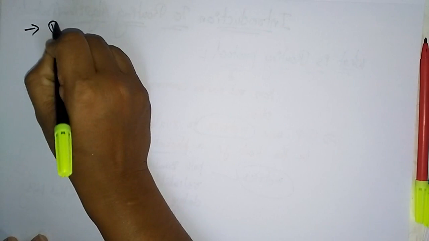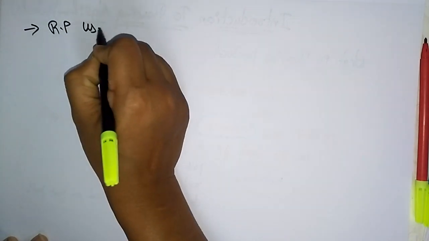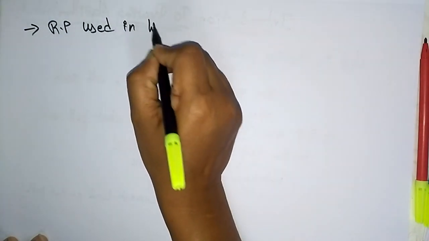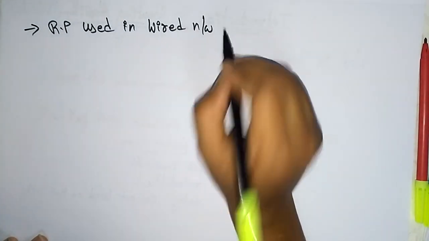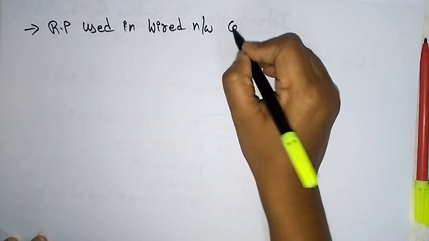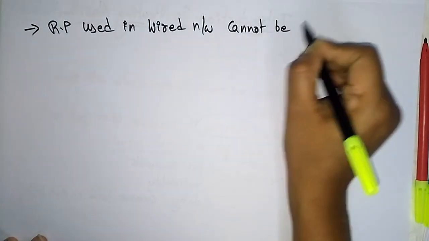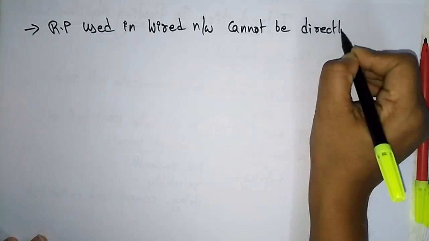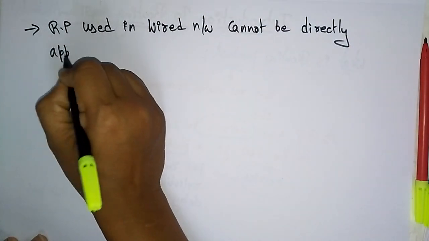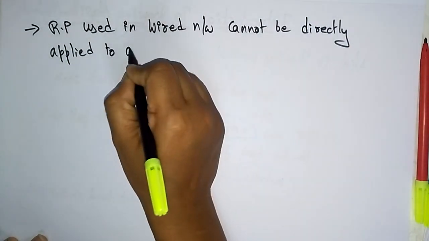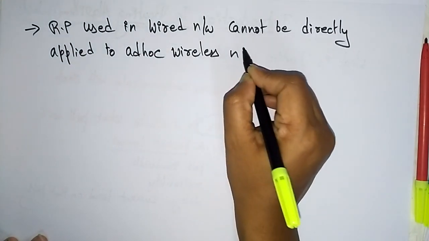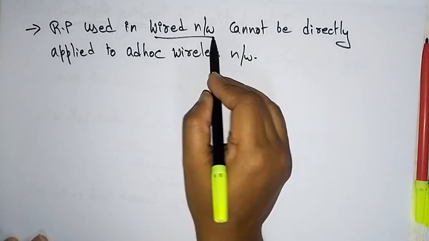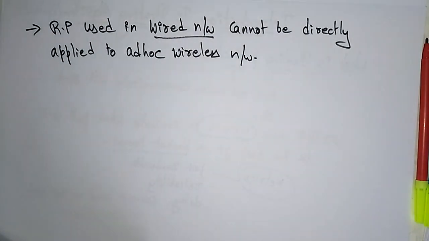Let me write that point: the routing protocols used in wired networks cannot be directly applied to ad hoc wireless networks. Whatever routing protocols we used in wired networks, we cannot directly apply to ad hoc wireless networks.